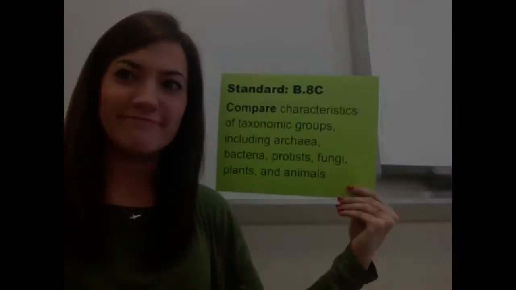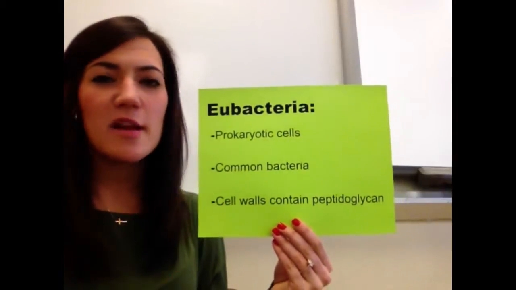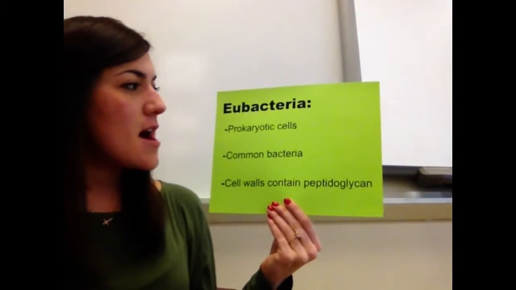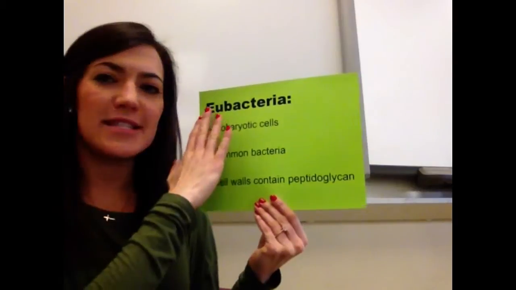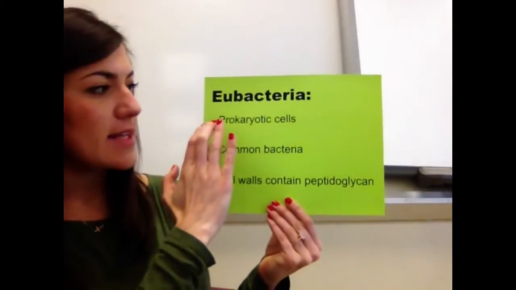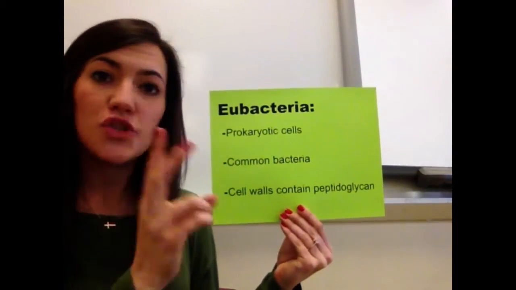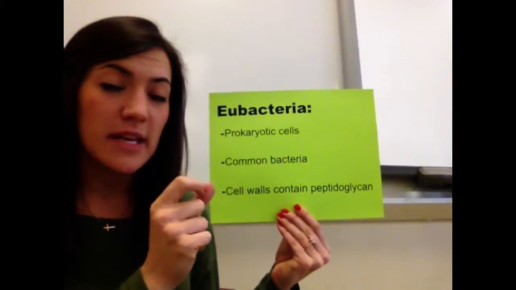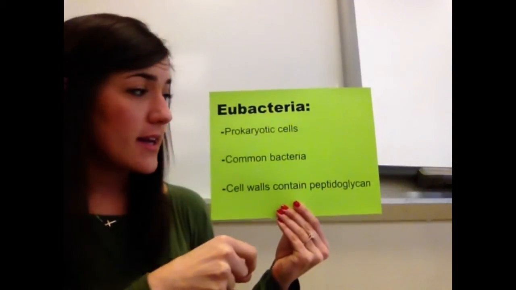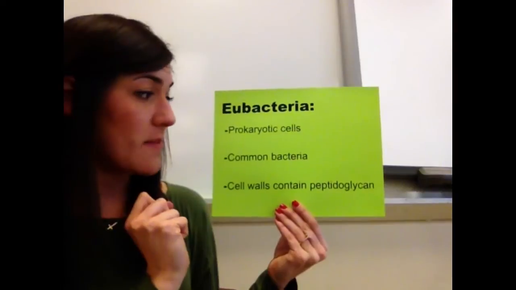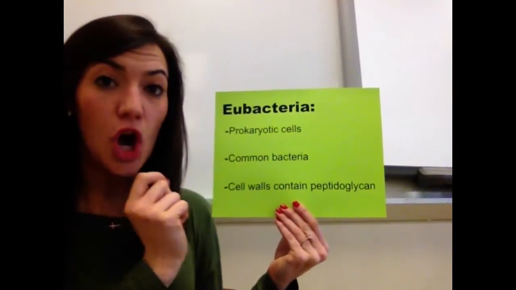Okay, let's get started. Okay, so the first kingdom we're going to look at is Eubacteria. Eubacteria, the couple distinguishing characteristics for it is that it's prokaryotic cells. So only 2 kingdoms are going to have prokaryotic cells, meaning cells without a nucleus, and Eubacteria is one of them. Eubacteria is common bacteria.